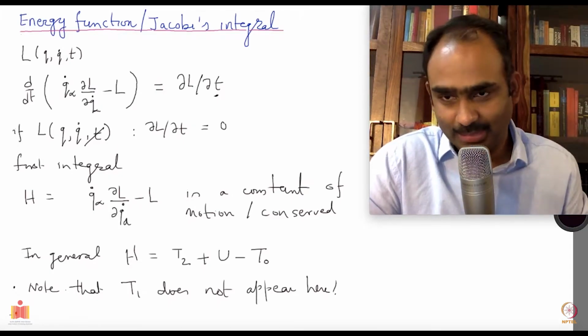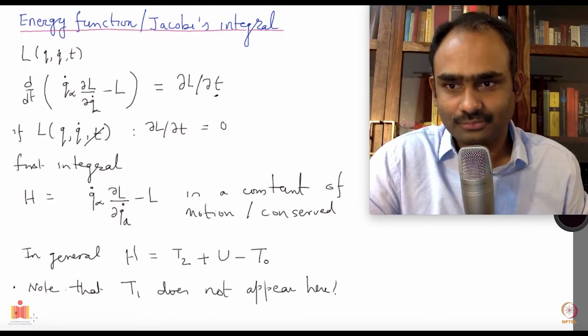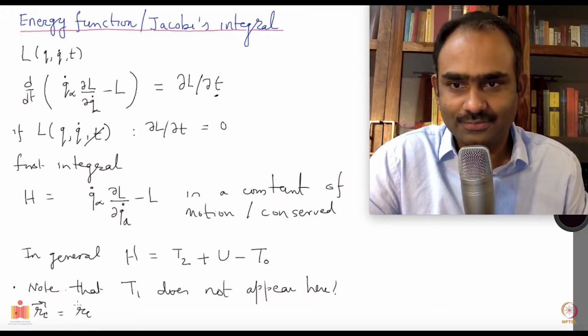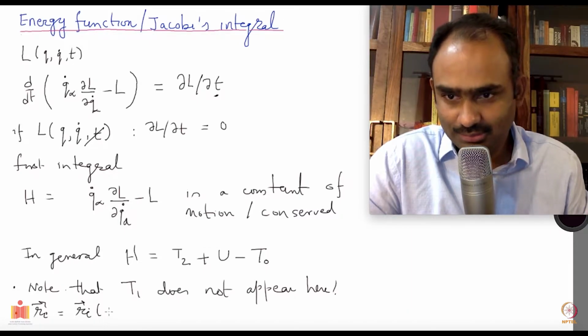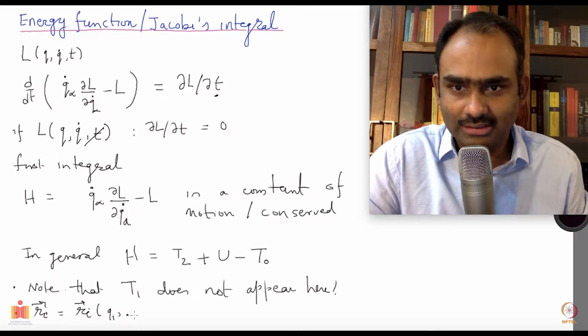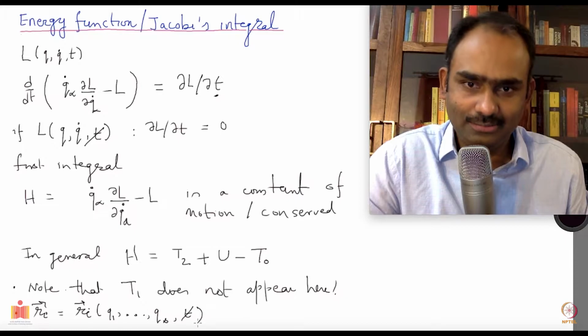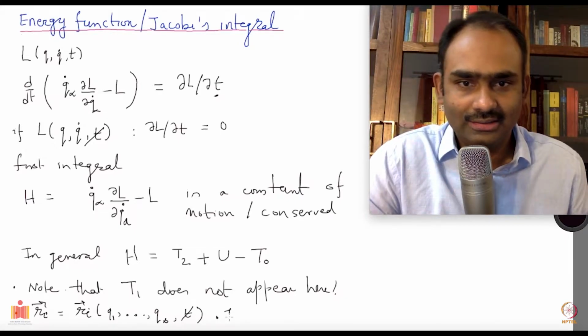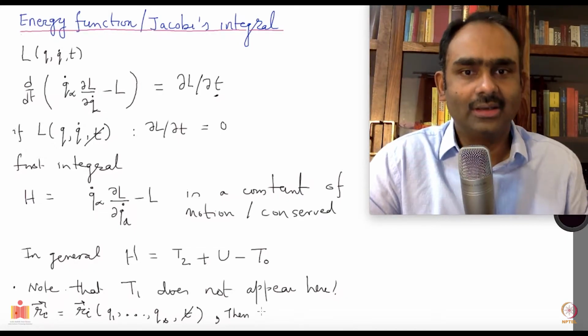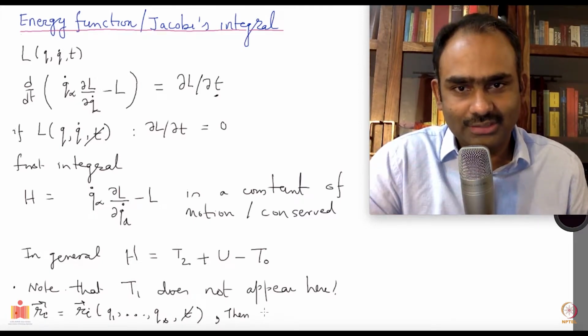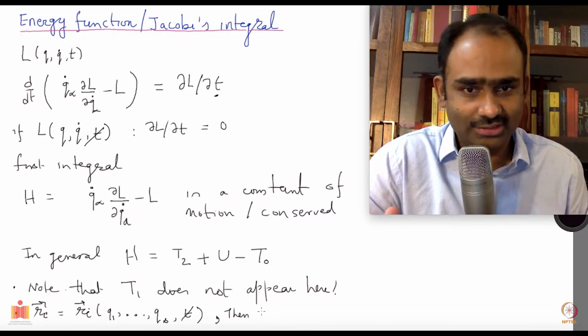So if your r_i, the Cartesian coordinates, are given by a transformation rule to the generalized coordinates, let's say there are s degrees of freedom, and this does not explicitly depend on time, then all the terms which are linear or degree 0 in generalized velocities disappear.